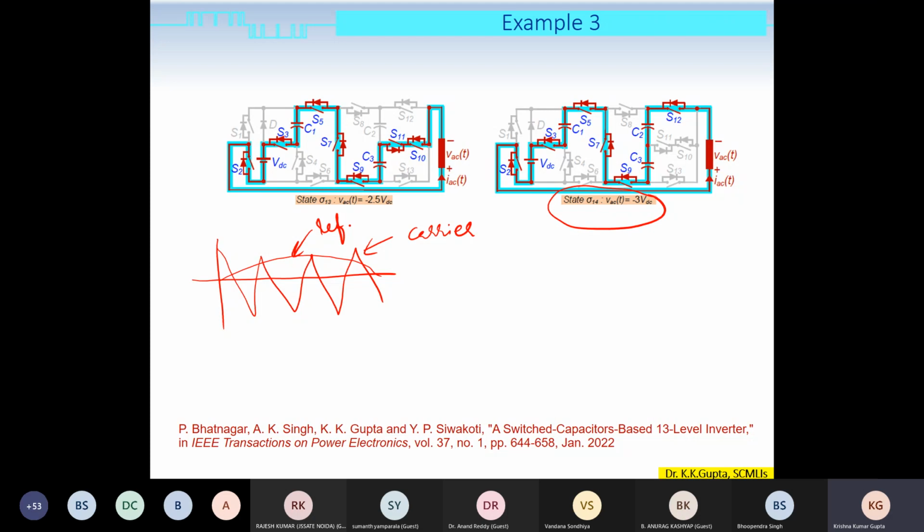This is what we do. If you extend this kind of pulse width modulation, which is basically a sine triangle PWM, it can be directly extended to multi-level inverters also.